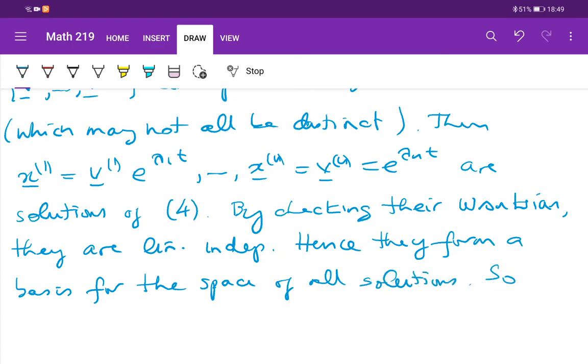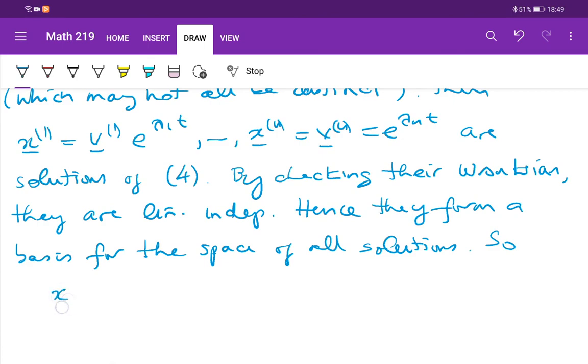So x is equal to c1 v1 e to the lambda 1 t plus up to cn vn e to the lambda n t.